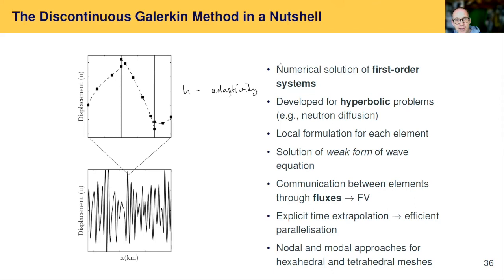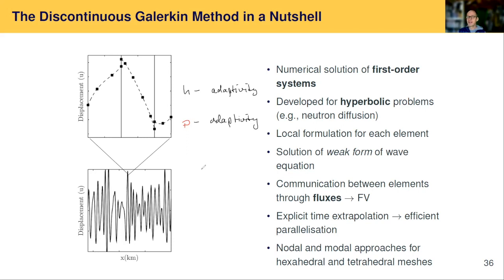And there is something else: P adaptivity. Now, H adaptivity is clear. It's the size of the element that can be adapted.